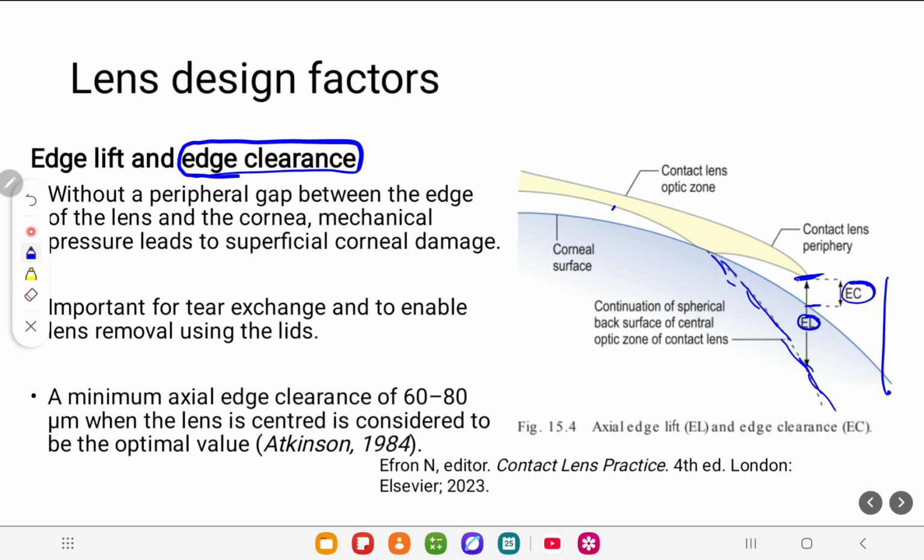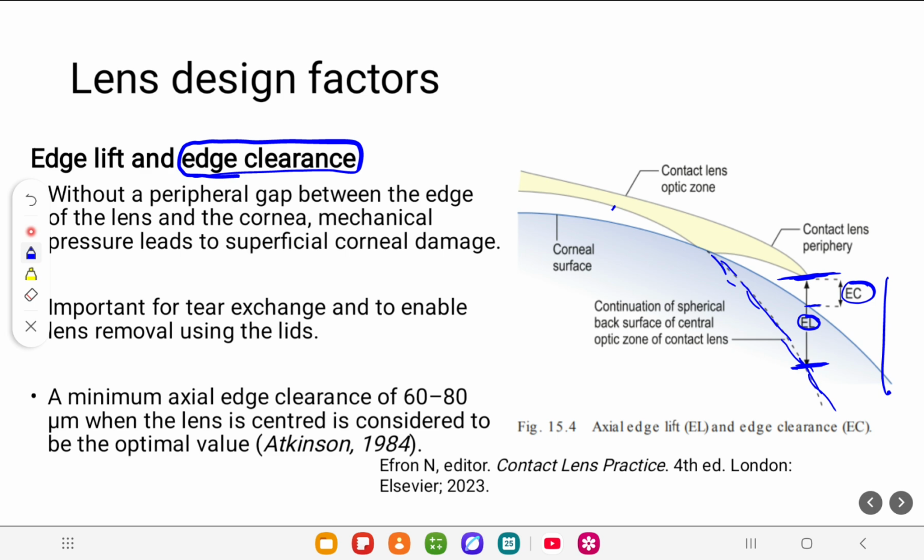The distance between the extreme periphery of the contact lens and the imaginary point where you extend the BOZR is called edge lift. But we are measuring edge lift axially, that's why it's axial edge lift.